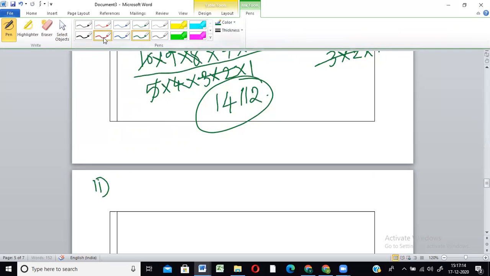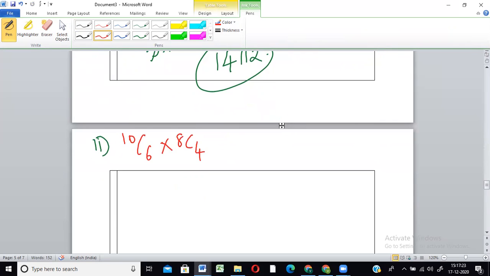So the next one is 10C6 into 8C4. So we're going to find this 10C6, which is 10 factorial upon 6 factorial into 10 minus 6, which is 4 factorial. Right, now I guess when you're okay with it, you can kind of write them directly.